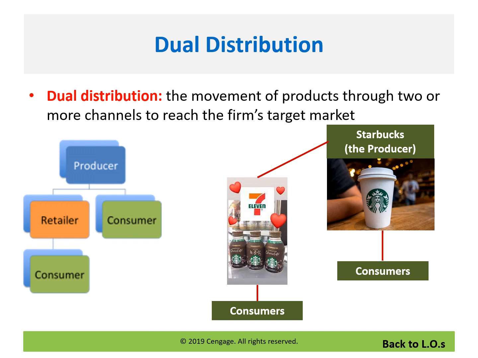So a producer can have the option to sell through a retailer and then consumers can purchase the product from the retailer. Or the producer also sells direct to the consumer. For example, Starbucks is a producer of coffee which the consumer can directly purchase from the many Starbucks cafes found in several areas. At the same time, Starbucks also displays its products at retailers like 7-Eleven, from which the consumers can also purchase.